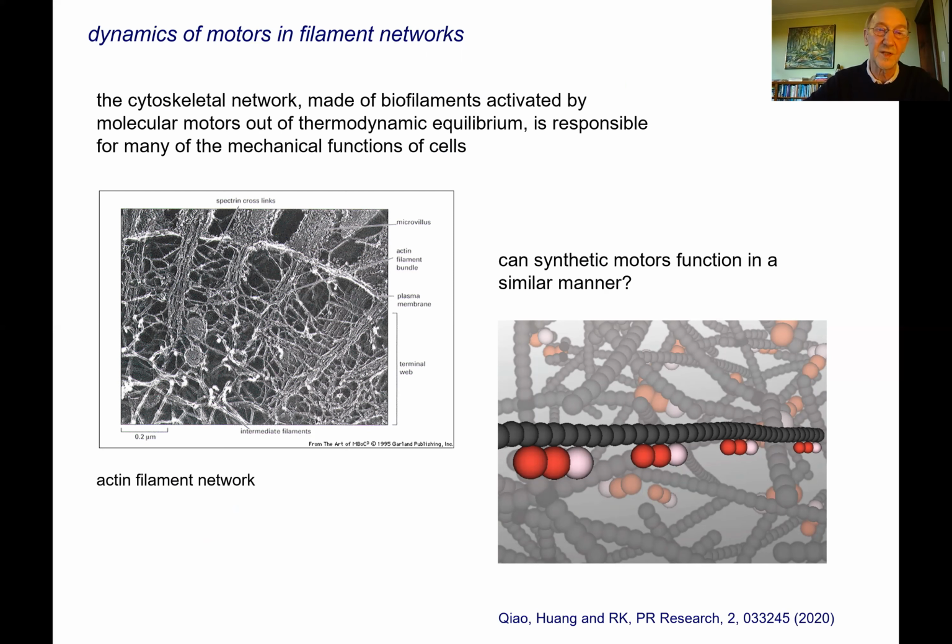So in this case, I have a picture of an actin filament network, and there are myosin motors that activate it. So recently we've been interested in whether synthetic motors can operate in filament networks in a similar way. And this is a study recently that we did in PR Research about chemically powered motors that move on filament networks and change the dynamics of the network.